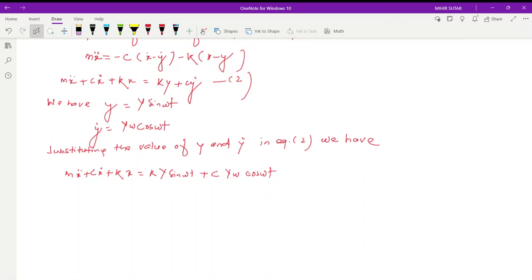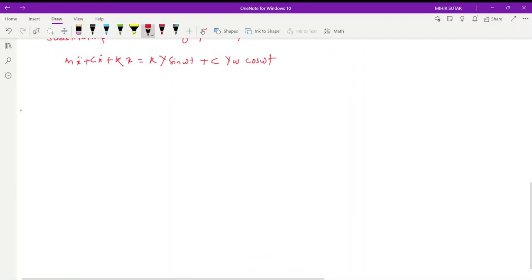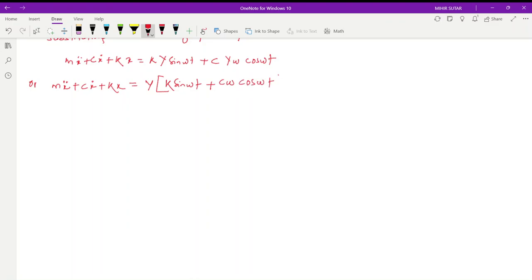Okay, so let us simplify this equation. We'll have m x double dot plus c x dot plus k x is equal to, taking Y common, k sin omega t plus c omega cos omega t.